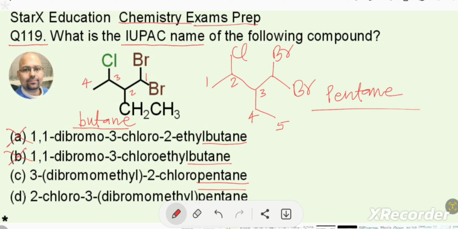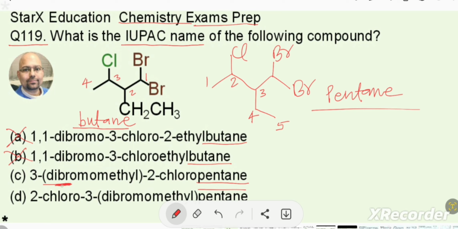Now we need to figure out which one of these two choices is the correct answer. If we have a look at C, it has 3-dibromomethyl 2-chloropentane. So now the question is, is it alright to write the dibromo here? If it were monobromo, which would be just a bromomethyl group, then it would be fine because it would be starting with Br.